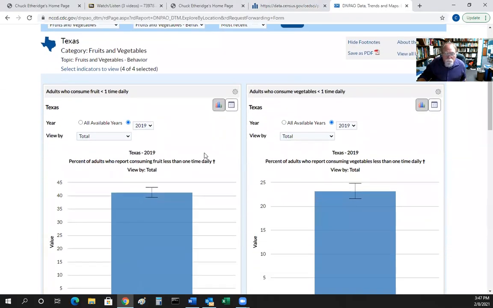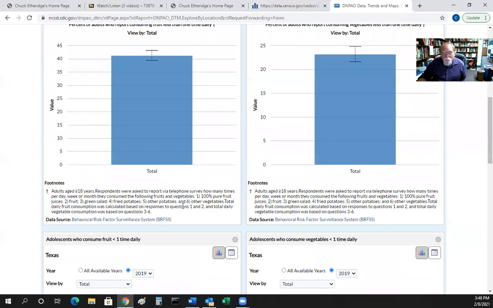We find out the percentage of adults who report consuming fruit less than 1 time per day, which is more than 40% eat less than 1 piece of fruit per day. Less than once a day would be 0 times, right? Percentage of people who eat vegetables less than 1 time per day, almost 25% as well.